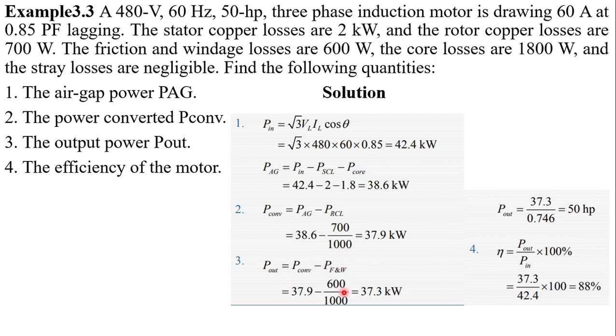Then we get the output power like this, and this output power is changed into horsepower by dividing by 746. Now output power and input power are already calculated, and then we can determine the efficiency of the motor, which is 88%. So this induction machine is 88% efficient.